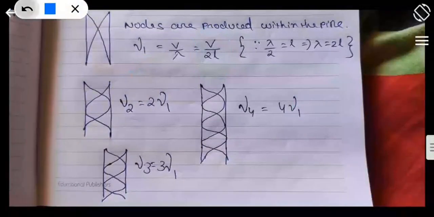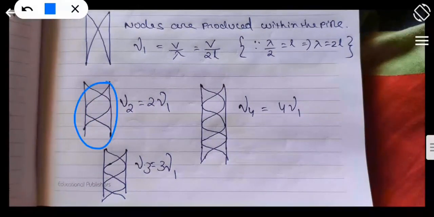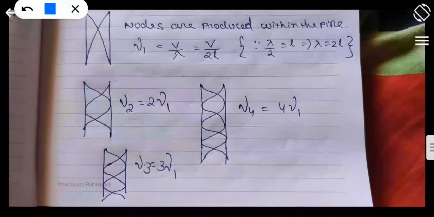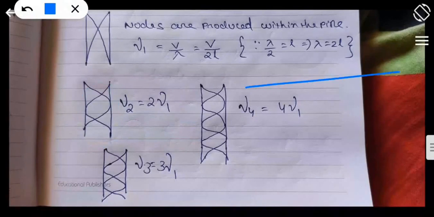In the second harmonic, in the open organ pipe, it will be produced like this. The wave will go and the second one will be like this. This is the second harmonic case. And for the second harmonic case also, you will achieve nu 2 is equal to 2 nu 1. If you want to consider the pipe like this, let me show you.